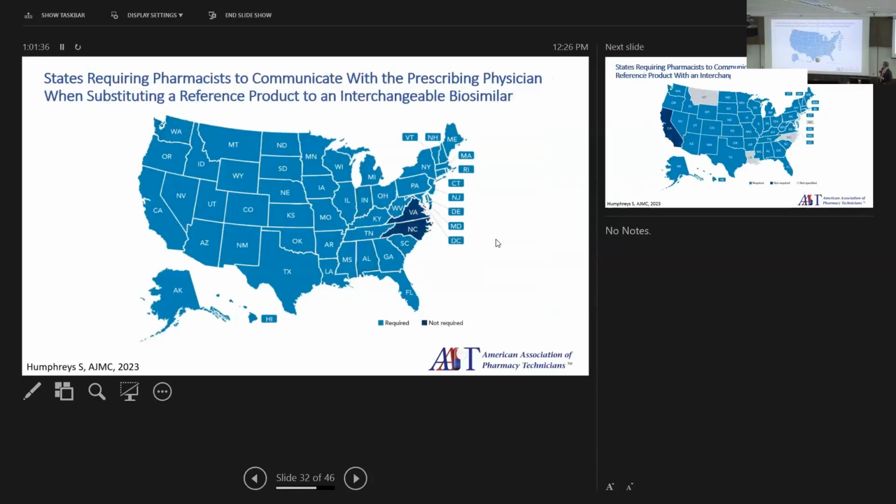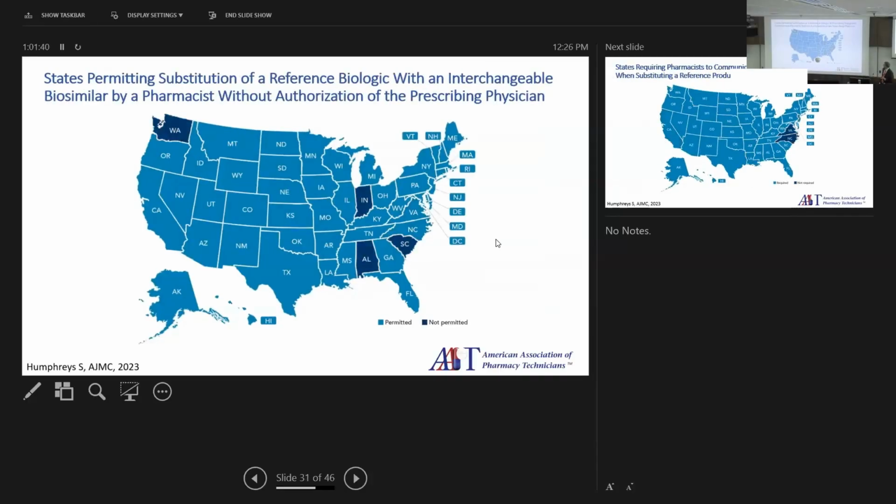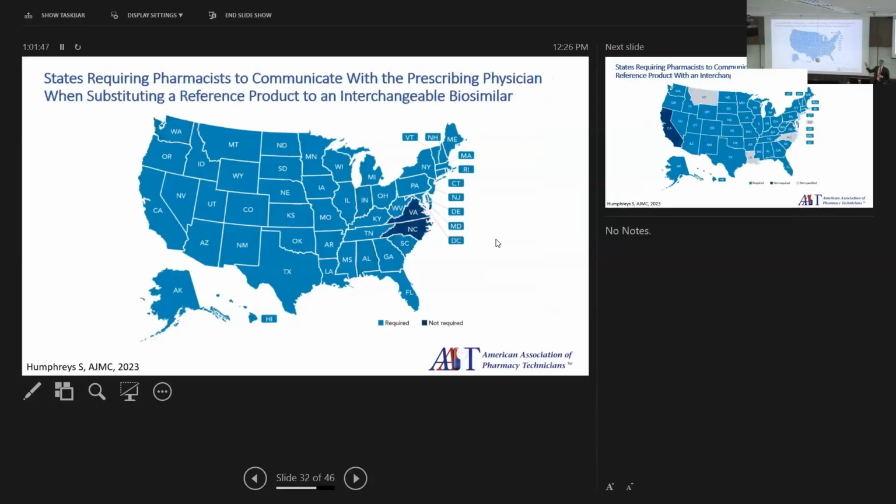But for example, in my state of North Carolina, we could make that substitution and would not be required to even notify them, though I know that the practice of many pharmacists is to notify them. So federally, yes, you can make that substitution. Statewide, it depends on your state as far as whether or not you are allowed to make that substitution without authorization by the provider.